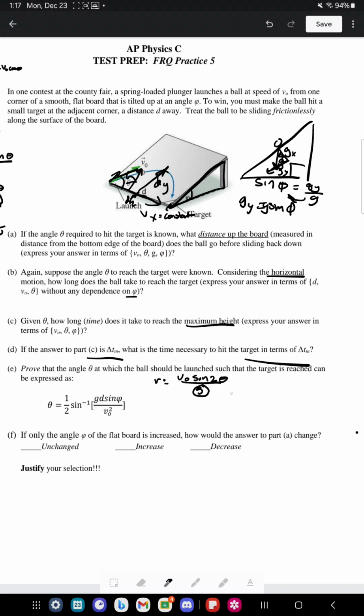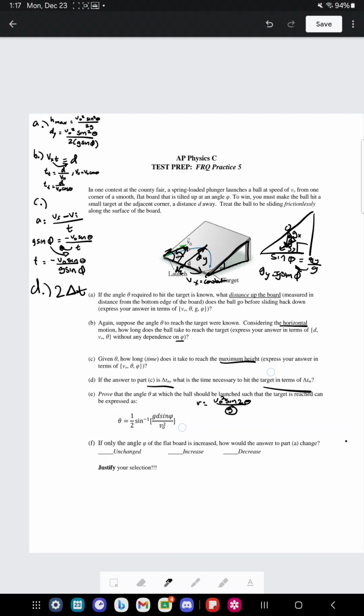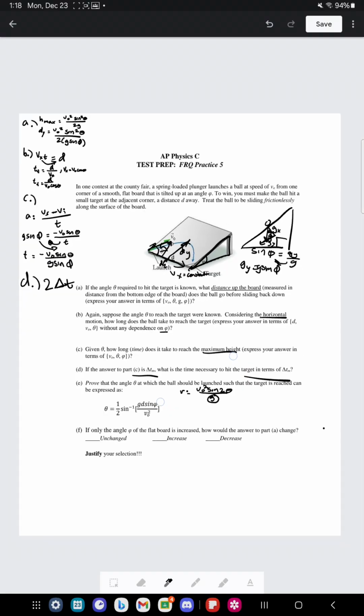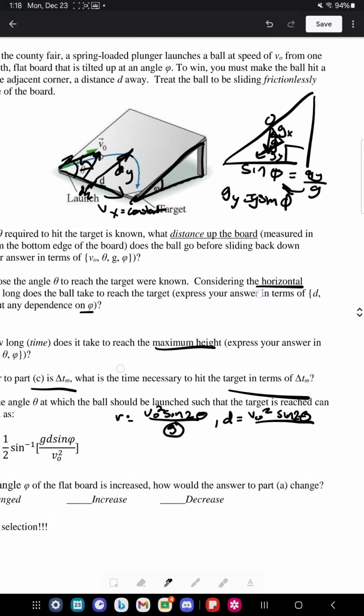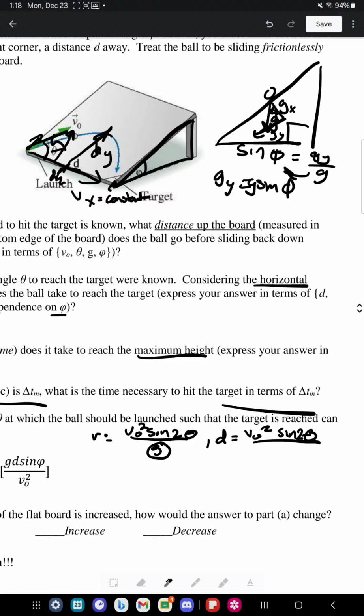The distance equals v0 squared sine 2 theta over gy, and gy in this scenario is going to be g sine of the second theta.